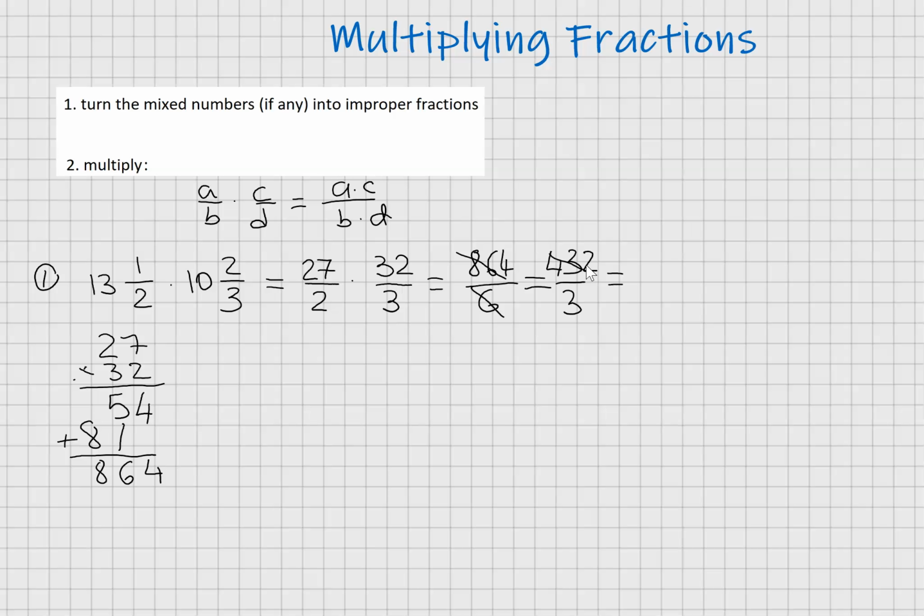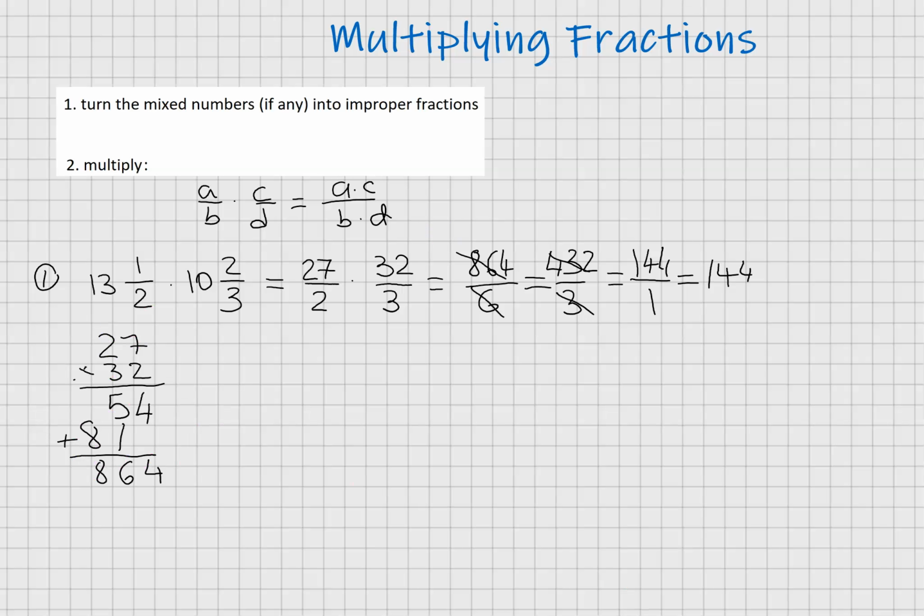I'm going to simplify by 3. 3 divided by 3, the bottom one is 1. And 432 divided by 3, 3 goes into 4 one time, remainder 1, into 13 4 times, remainder 1. So into 12 4 times again. So that's 144. Now, quite annoying multiplying here, right?